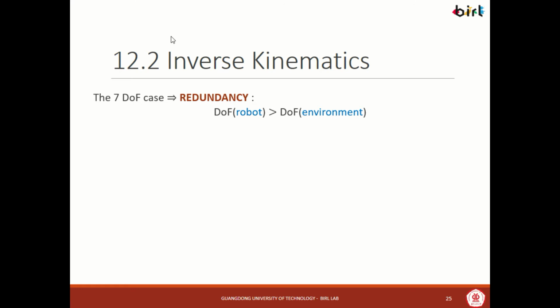If we have more than 6 degrees of freedom, like 7 degrees of freedom in a robot arm, or potentially large numbers of degrees of freedom in flexible manipulators like snakes or elephant trunks, then you have redundancy. That redundancy means there are many ways to reach a solution.